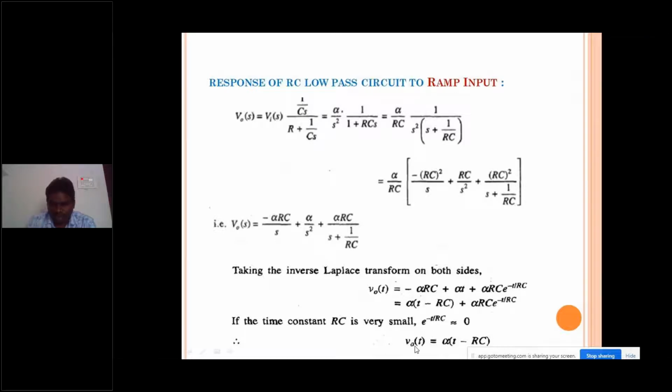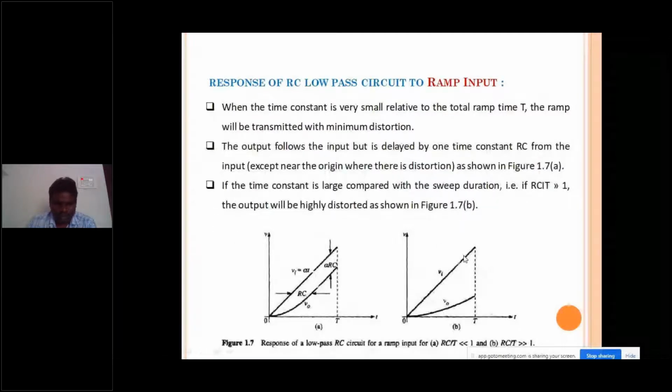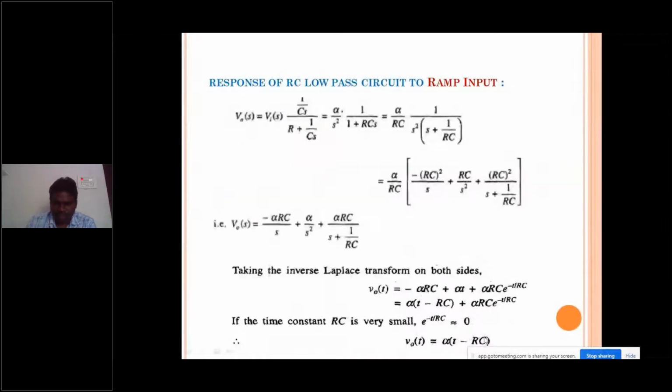If I draw a graphical representation of this particular equation, I will get a graph like this. These two start at the same point, because if you go on substituting different time values in the previous expression, at the initial times you are going to start at 0.